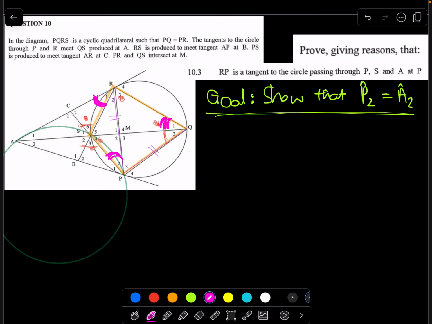Okay. Wait, no. So this angle will be these two added together.